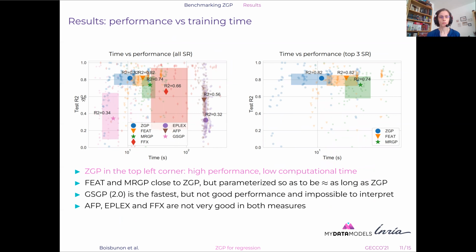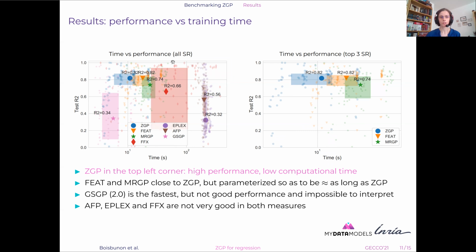Then let's look at the performance versus training time, because in symbolic regression, it's often an issue. As I mentioned before, they are often slower than traditional machine learning ones. So here, what we want to look at is to find an algorithm that is both accurate, that has good performance, but takes the lowest computational time.